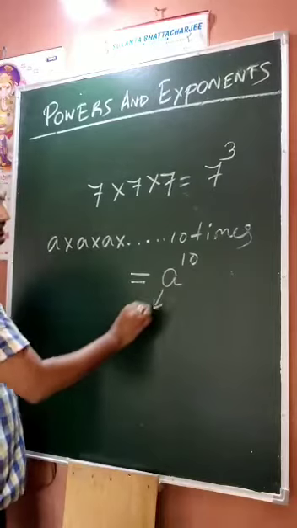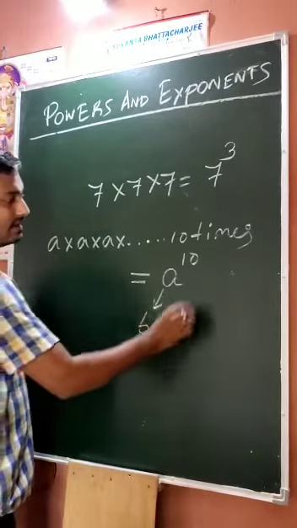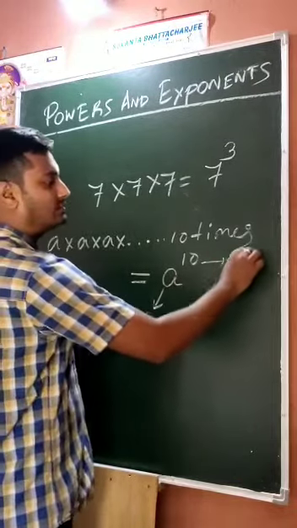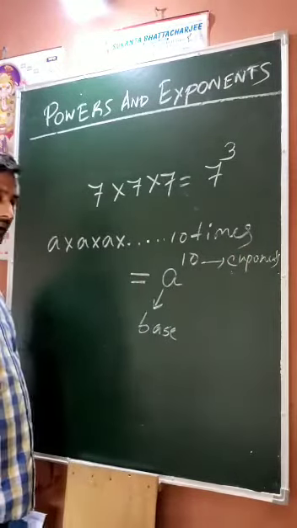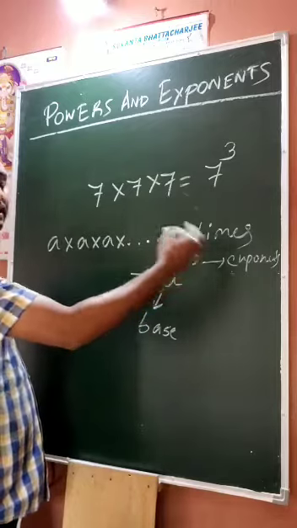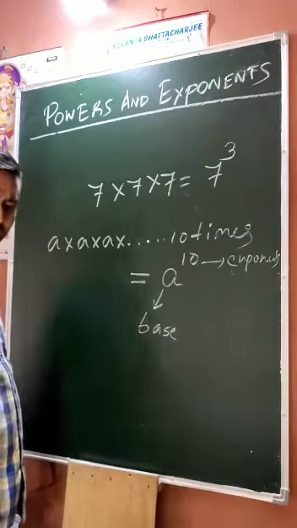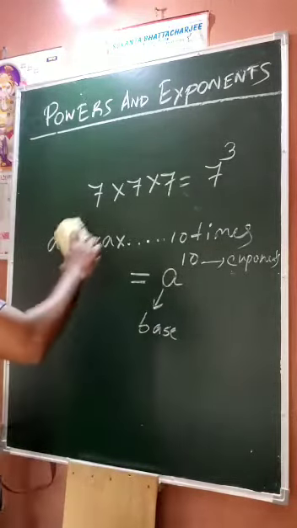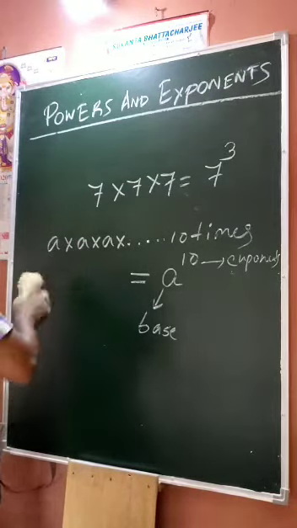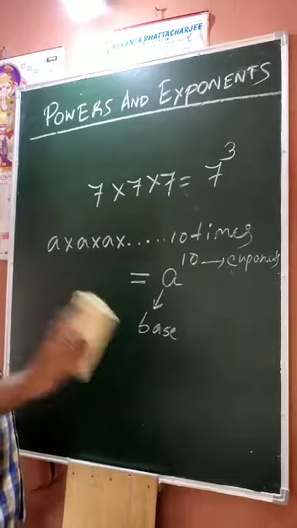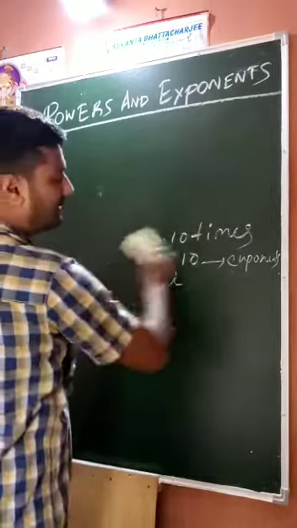So this part is known as base and this part is known as exponent, and it is read as a to the power 10. So in mathematics, the bigger expression is written in a shorter form by using the exponent power.